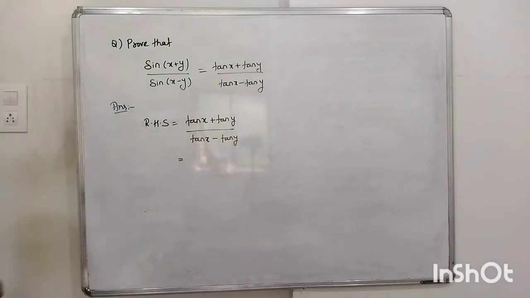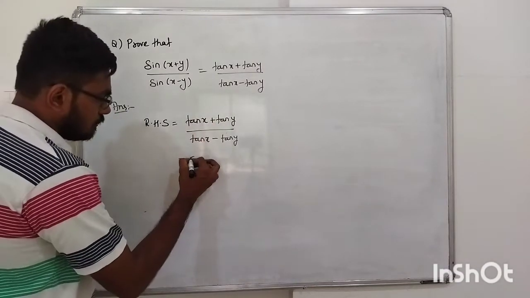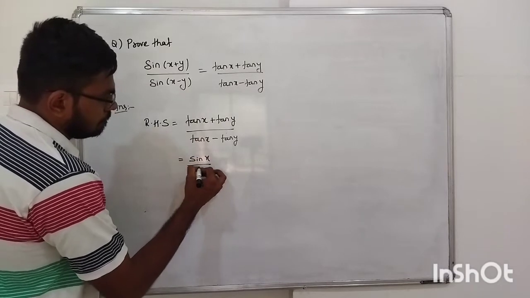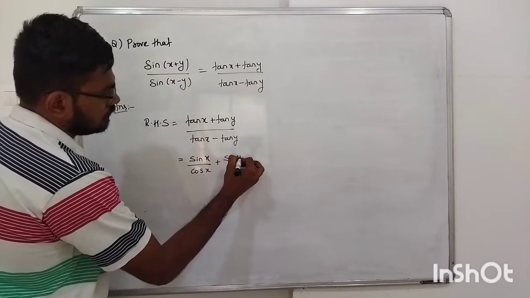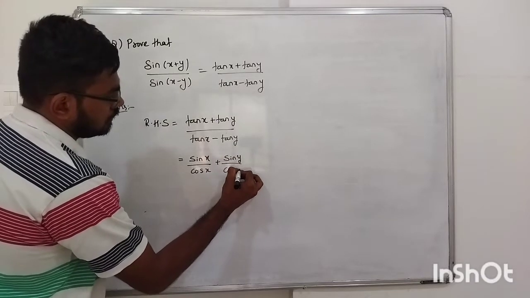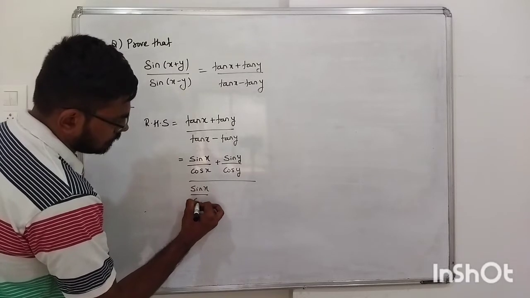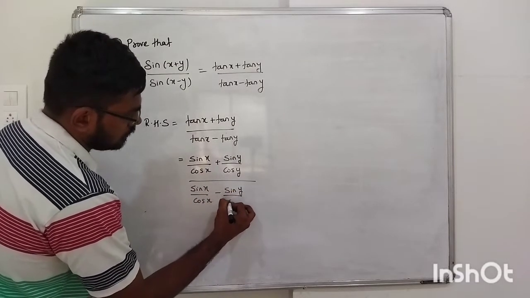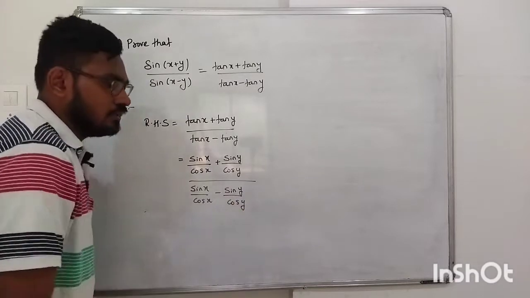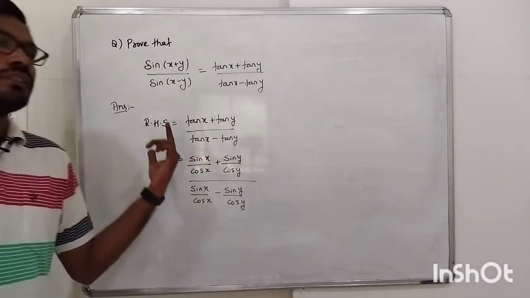So (tan x plus tan y) upon (tan x minus tan y). We know tan x is sin x upon cos x, and tan y is sin y upon cos y. In the same way in the denominator, sin x upon cos x minus sin y upon cos y. This is from the standard: tan is sin upon cos, cot is cos upon sin.